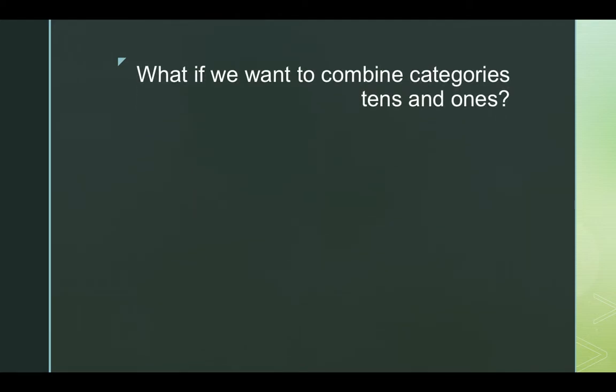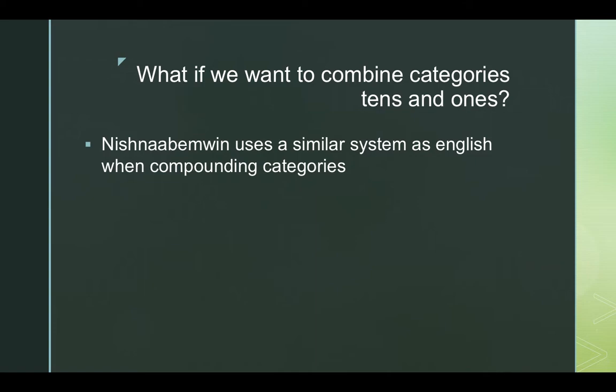So one question you might be asking yourself is, what if we want to combine these categories and talk about the numbers between, like, 11, 12, 13, etc. Nishnaabemwin uses a similar system as English when compounding these categories.